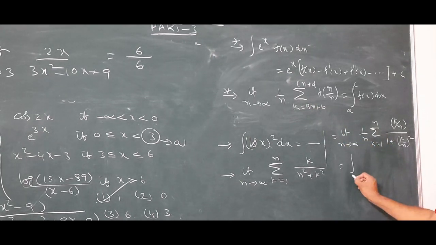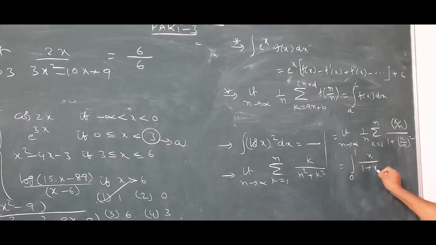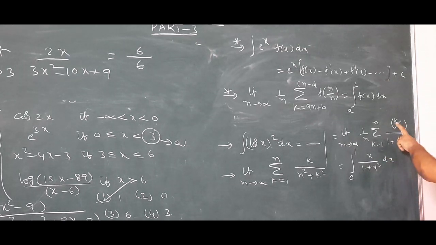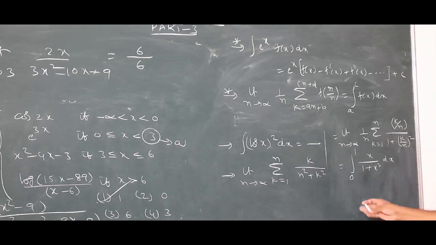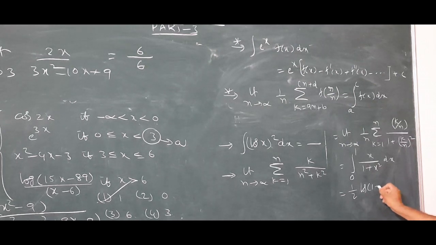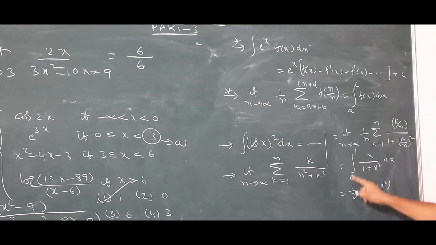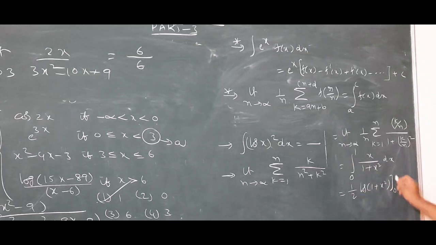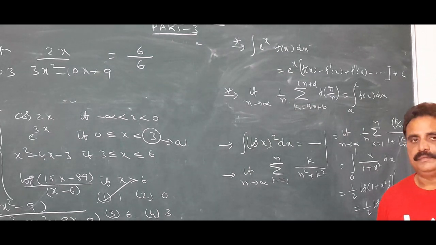So integral 0 to 1 of x/(1 + x²) dx. Just write x in place of k/n. That equals half log(1 + x²), f'(x)/f(x) form, multiply and divide by 2, so 1/2 log, from 0 to 1, that is half log 2. It belongs to the definite integral.